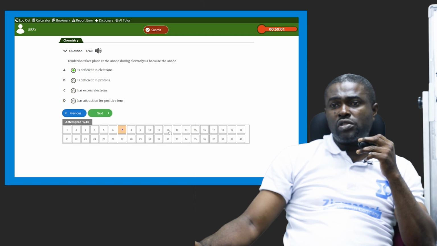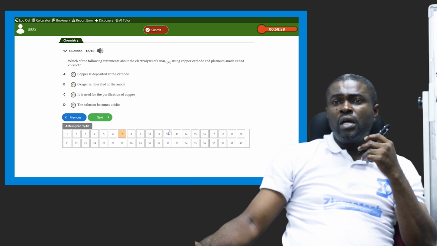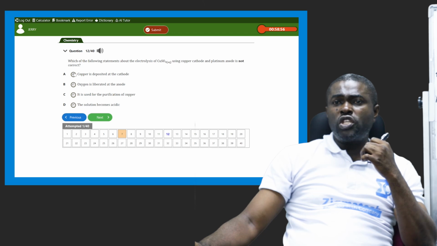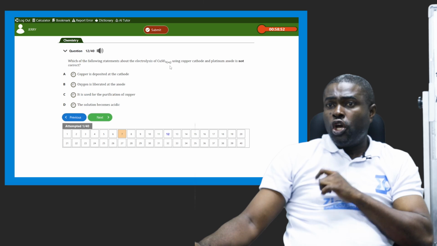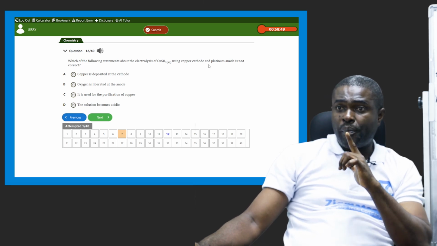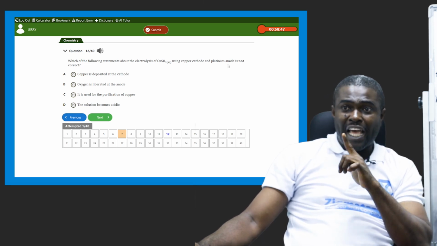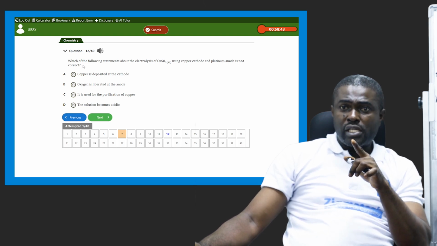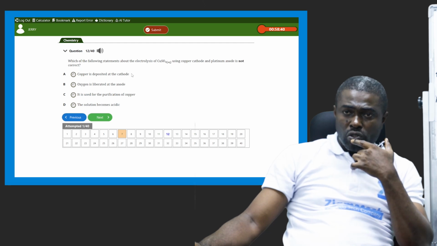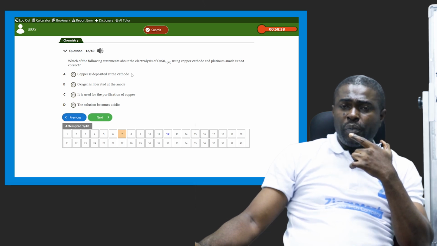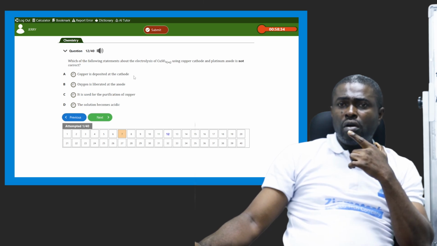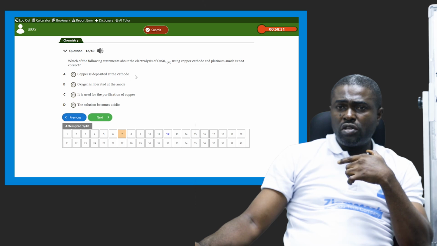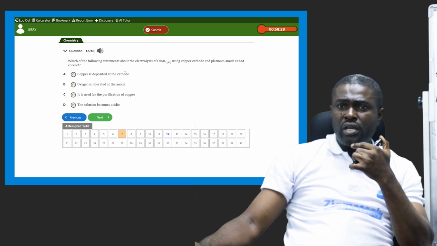Let's look at another question. Let's pick at random. Look at this question. It said, which of the following statements is wrong about the electrolysis of copper(II) sulfate using copper cathode and platinum anode? You see, the anode is inert. Copper is deposited at the cathode, because copper(II) is less reactive than hydrogen ion, I agree.